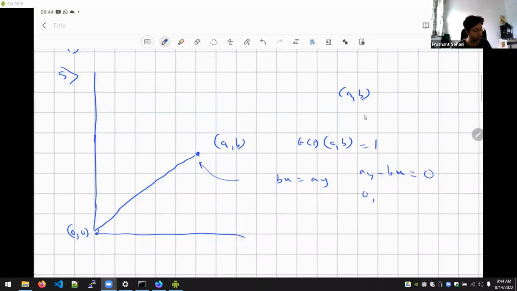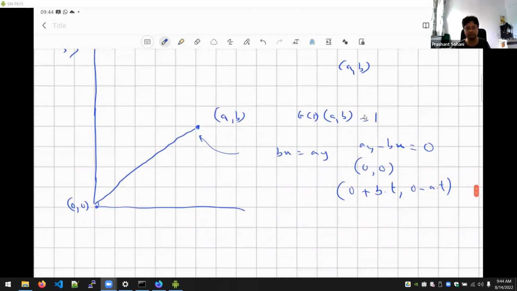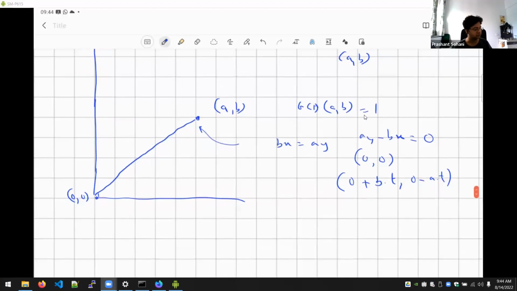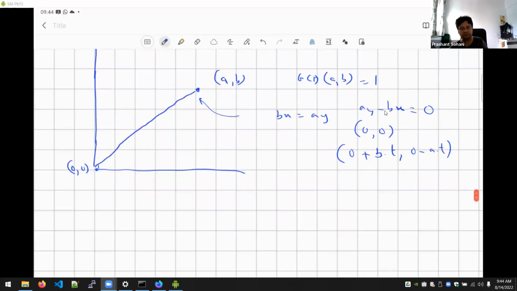We know the initial solution is (0, 0), and so the entire family of solutions will be 0 plus B times t and 0 plus A times t, since the GCD is 1. And if the GCD is not 1, if the GCD is d, then this will be Bt upon d. So this is the simplest way to cover all the cases without any case-by-case analysis. Okay. So I'll show you at least how you can write this in the simplest possible way. The answer is, I think, 57, by the way.